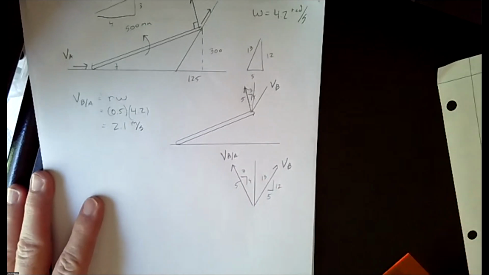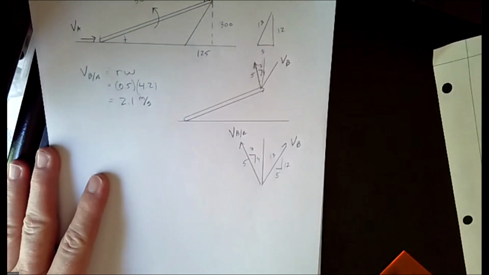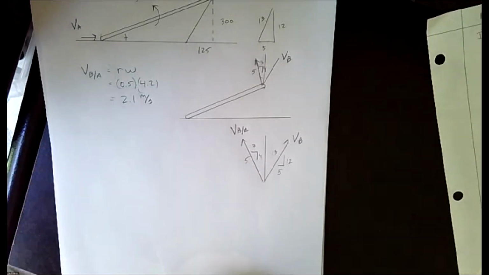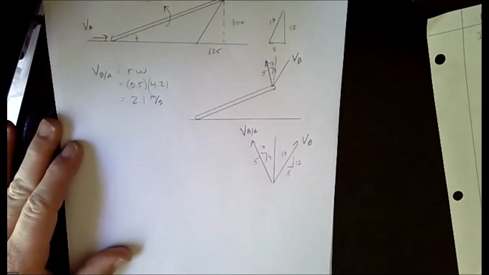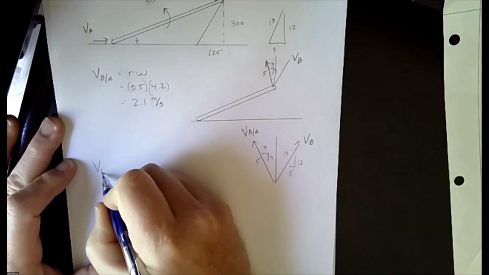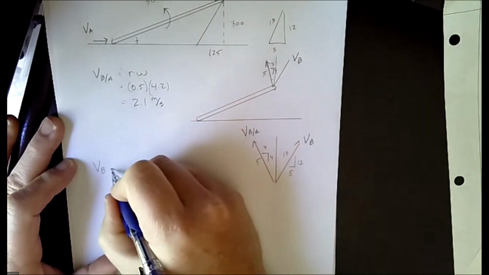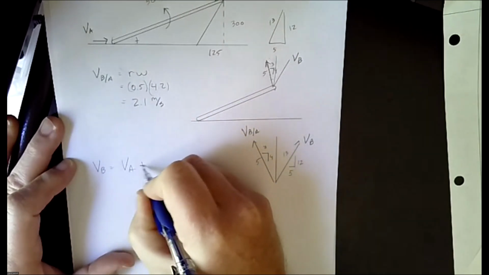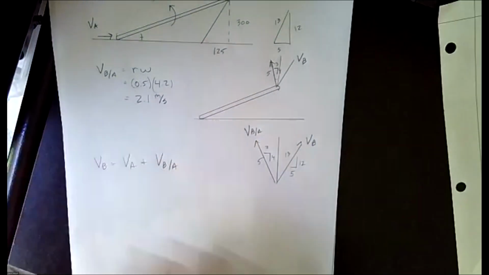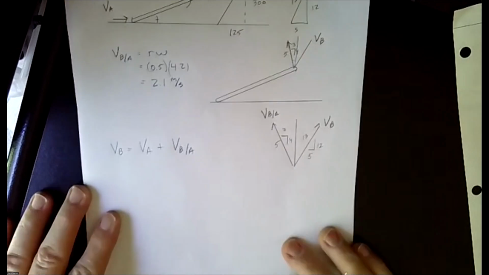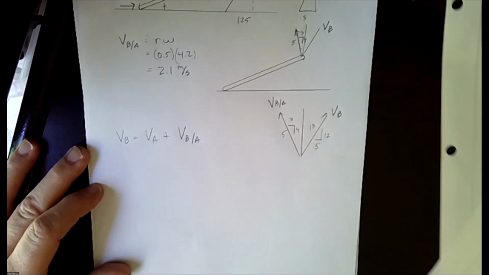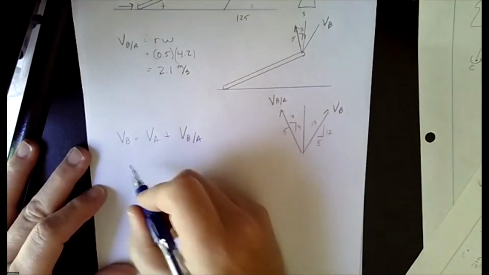So now just from looking at it, if you like trig, this will be easier. But if you don't like trig, then you want to bone up a little bit because it does help. So if I write my VB equal to VA plus VB relative to A, then first off, I'm going to break up my VB relative to A into its I and J components.